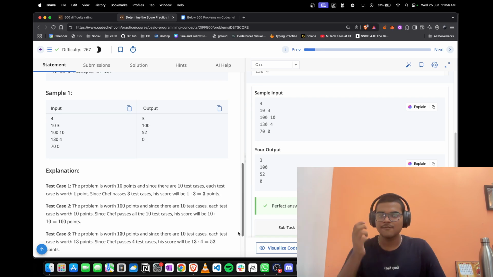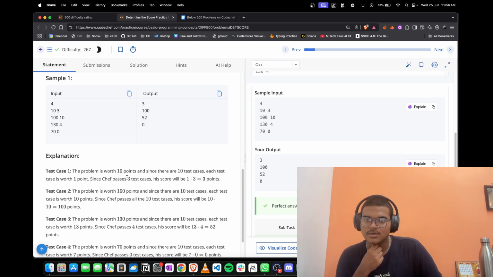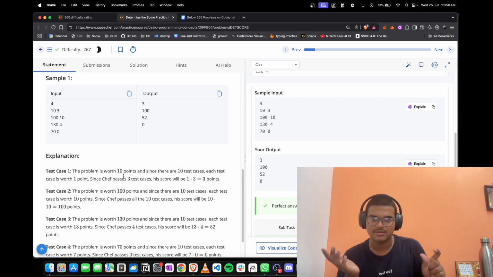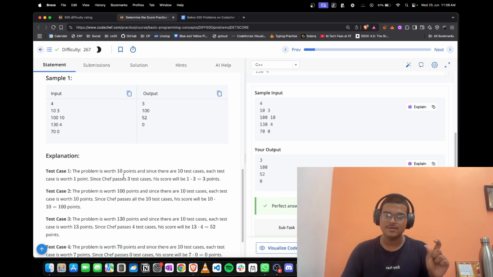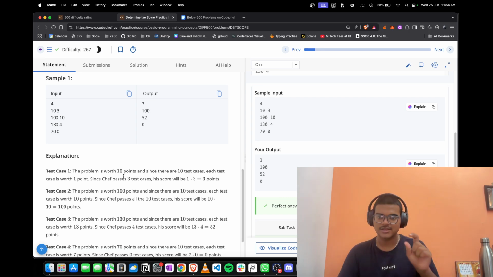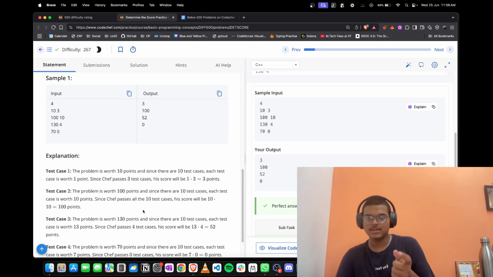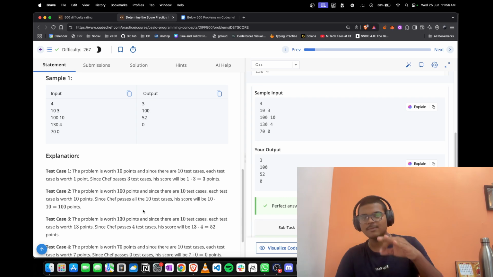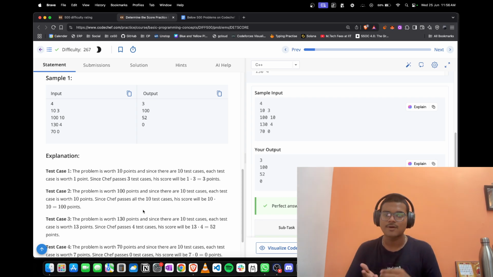So here we can clearly see that if the problem is worth 10 points, then that problem will have 10 test cases. Then each test case will be equal to 1 point, basically 10 divided by 10, and then in this case particularly there were three test cases, so it will be multiplied by three. Basically, the points of one test case will be multiplied by all the required test cases.